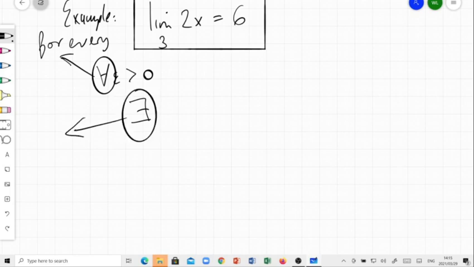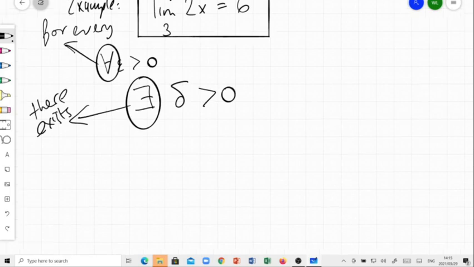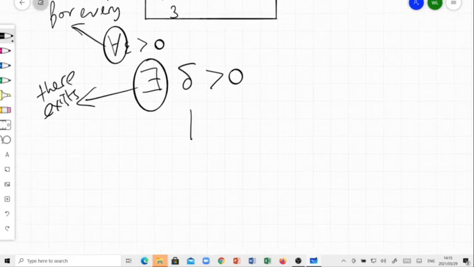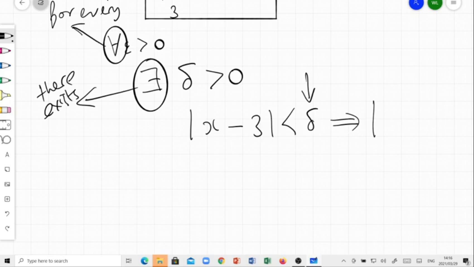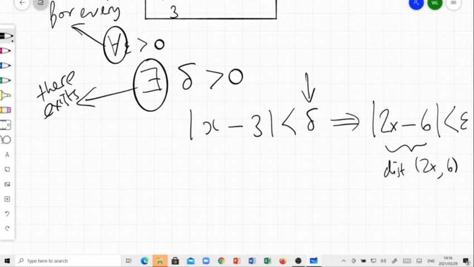This backwards E means there exists, and this is your job: there exists a delta such that if my x's are within distance delta, so your job is to give that delta, then my corresponding y's, which are 2x, will be within distance, remember, the distance between 2x and your limit 6, within that prescribed epsilon.